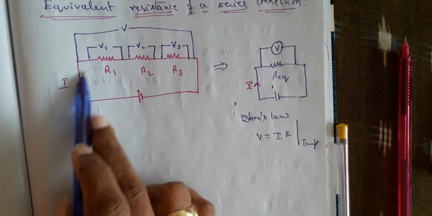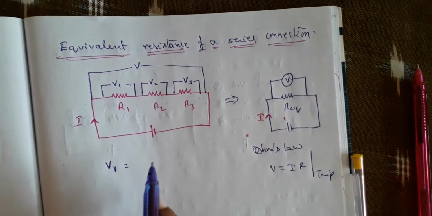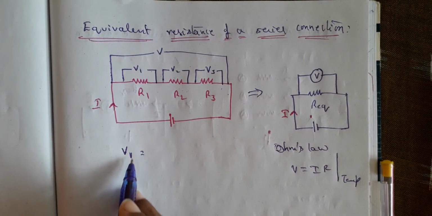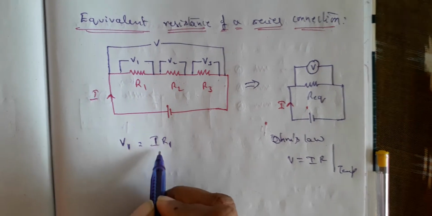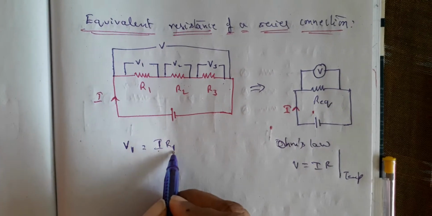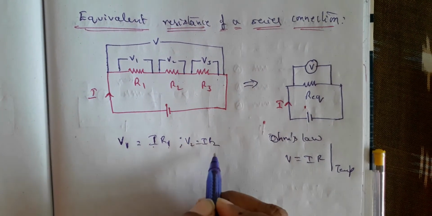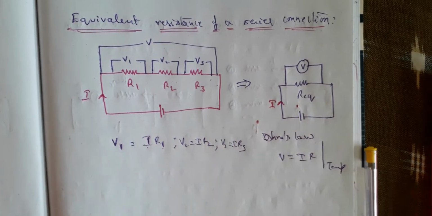That means this is how the current passes through all the resistors equally. So here the current remains same, but the potential difference is different. So V1 is equal to IR1, because current is same but the resistor is R1. Similarly, V2 is equal to IR2 and V3 is equal to IR3.